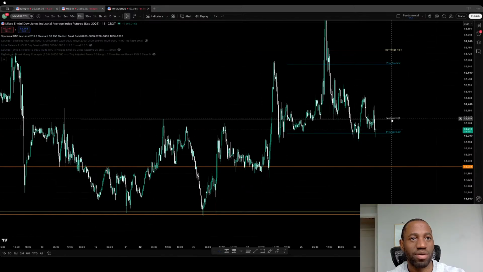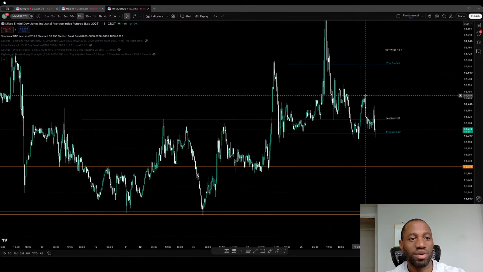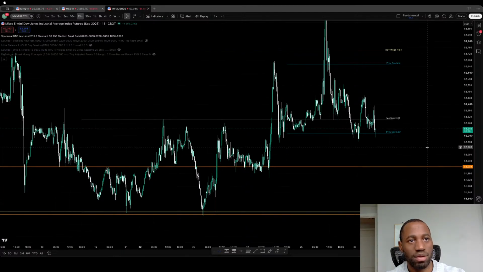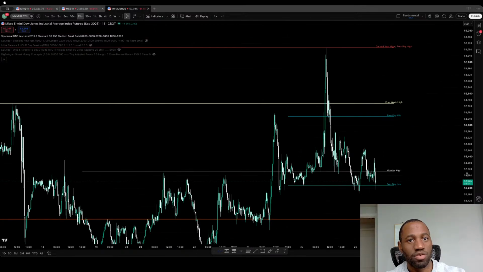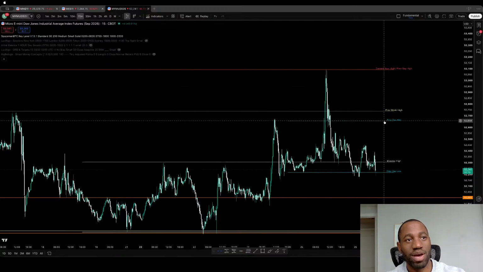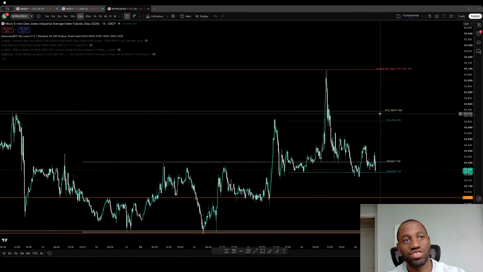I'd like to see the Dow get back up, get back above this Monday high, break above these other overnight levels, you know what I mean? And then what we do from there, make that push, see what we do at the previous day mid, right? Because we could safely assume that, hey, could the Dow be wanting to just protect the previous day low so it can make a move back up to the previous day mid and then make a decision?